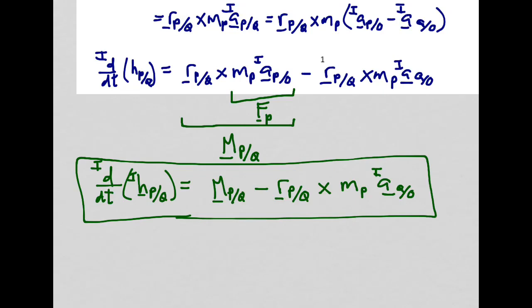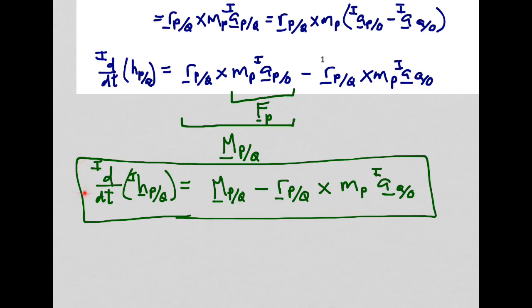This is a very powerful expression because it's giving us the inertial rate of change of the angular momentum relative to any arbitrary point Q. Point Q doesn't have to be fixed within an inertial reference frame. It can be accelerating. It can be moving however it wants to move, and we can still calculate this expression.